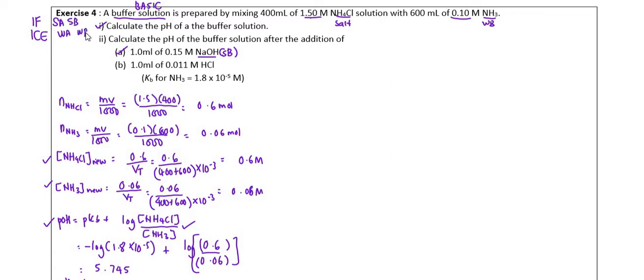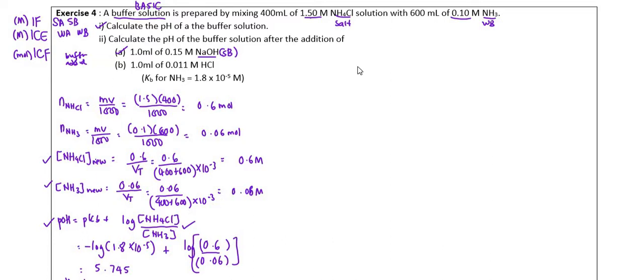But now you learn about the ICF table, the ICF table for buffer addition. So for the ICE table you need molarity, but for ICF the unit must be mole.